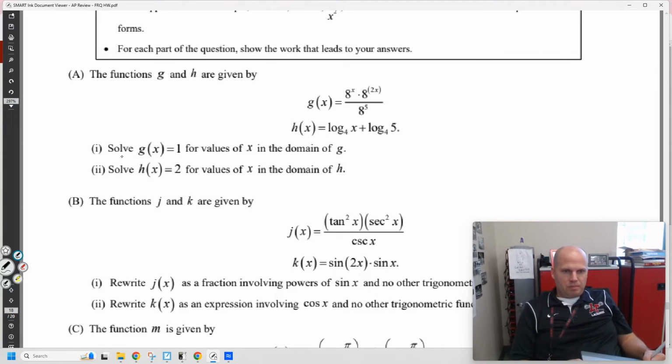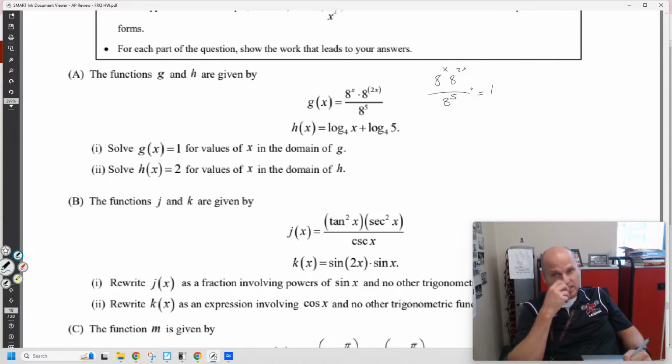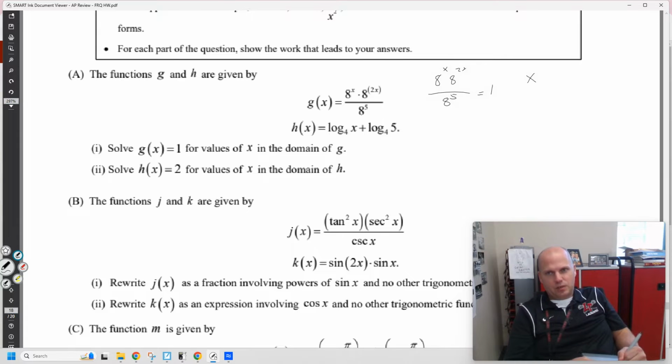Oh, usually it's simplify, but it says solve. Okay, so we're changing the order. So I got 8 to the x times 8 to the 2x over 8 to the 5th equals 1. There's lots of different ways to do this, but it's probably best to do 8 to the 3x minus 5 equals 1.